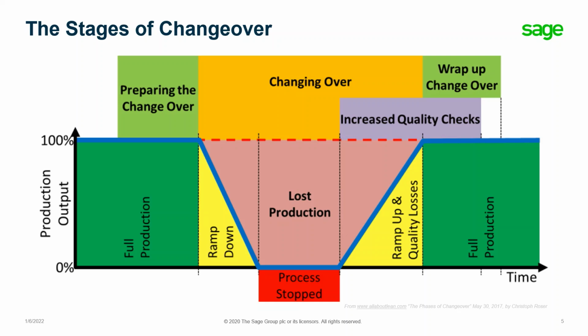You also lose additional production time in the form of the pre- and post-changeover steps, as well as the actual changeover itself. This is illustrated in the diagram by the preparation, changeover, wrap-up, and any subsequent quality checks. Reducing the overall time spent on changeover by recognizing and improving all stages ends up saving time and money while improving throughput.